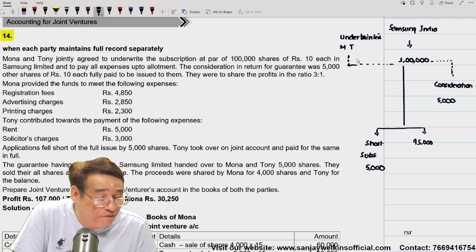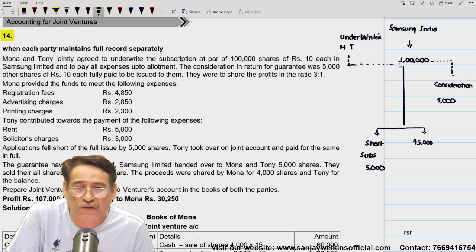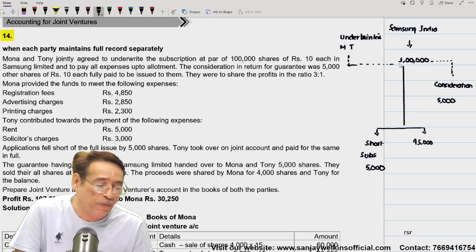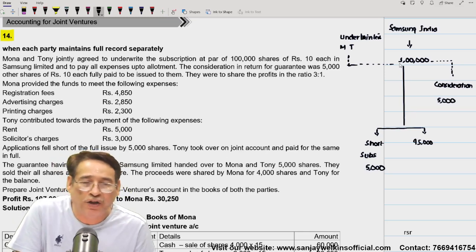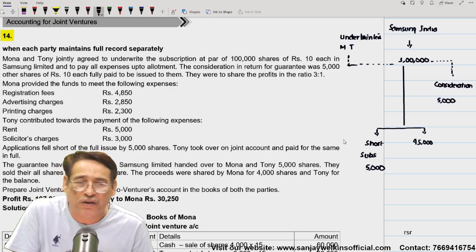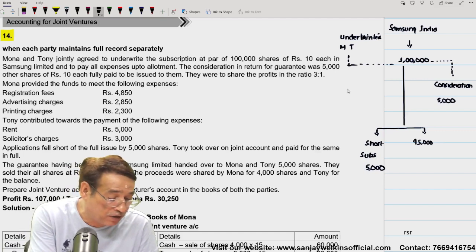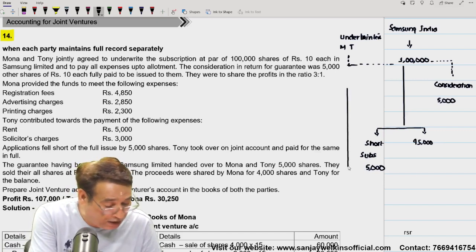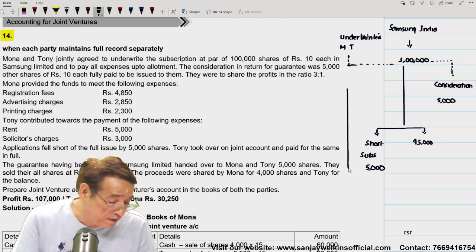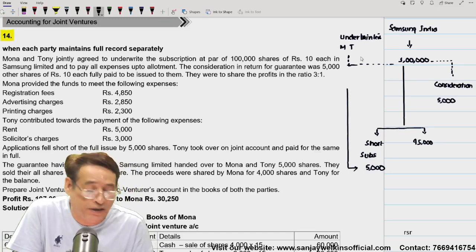Now, if underwriters have undertaken the guarantee to get the shares fully subscribed, indirectly it means the underwriter will have to purchase the shares which haven't been subscribed. So these 5,000 shares will now have to be subscribed by Mona and Tony Limited.